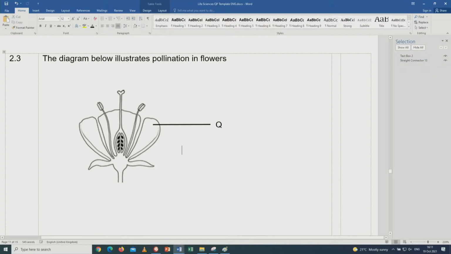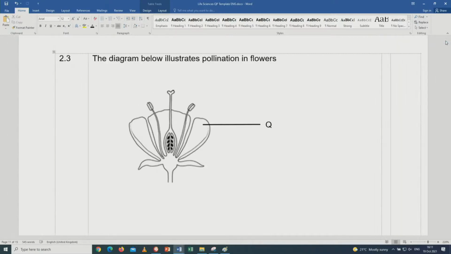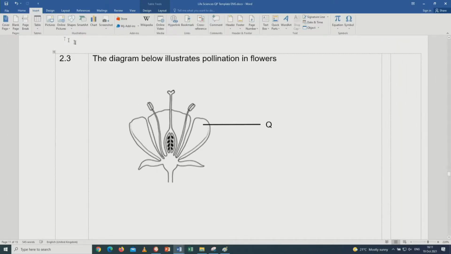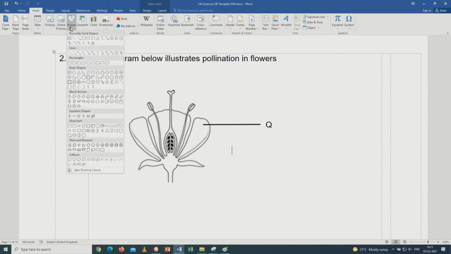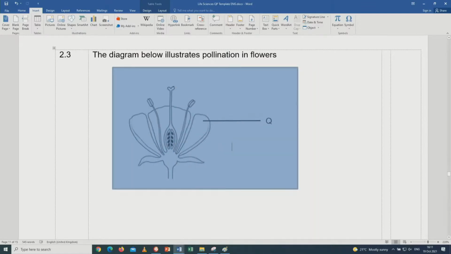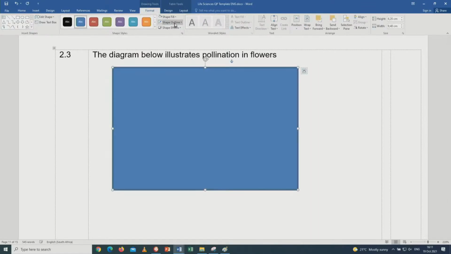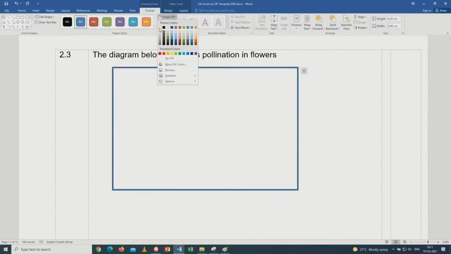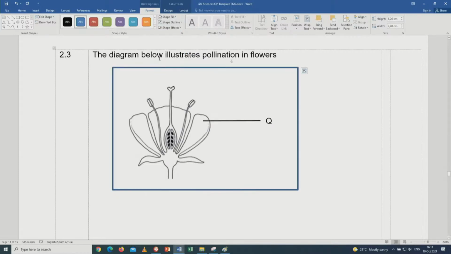And then at the end, you normally see that our diagrams have frames around them. To insert a frame, you just choose your diagrams, your shapes. You choose the square. You put your frame around everything. But now it's not visible, so you must make it visible, that is, no fill.